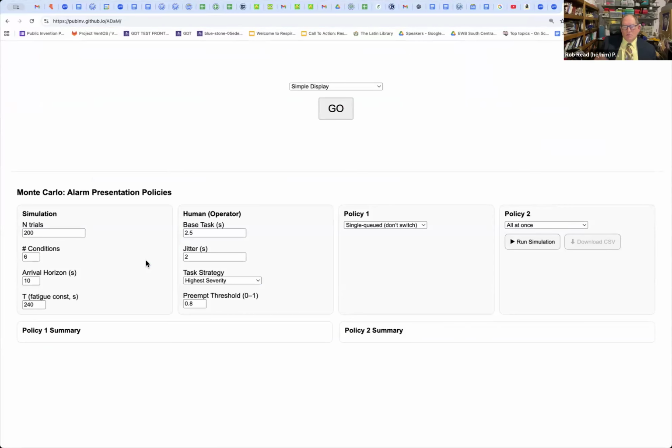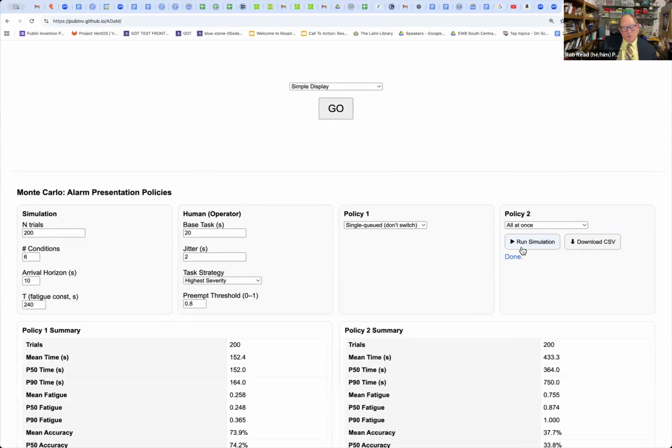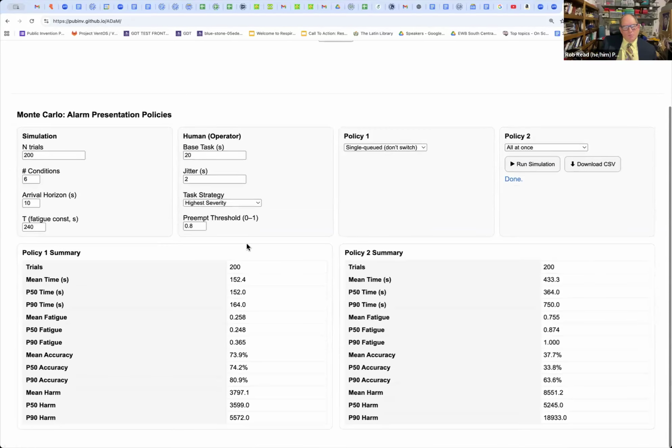Now, Cyteron, who is here, has done some very powerful programming to make test situations, some of which we showed at the June situation. But let me show you the bottom thing here. This is a Monte Carlo simulation. When I hit this button, it just performed 200 trials of different policies and human strategies.